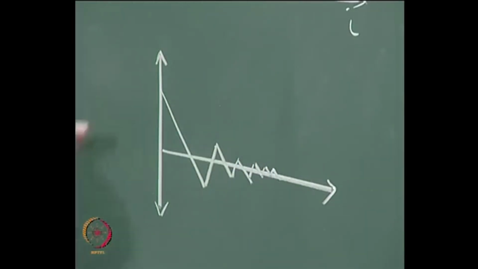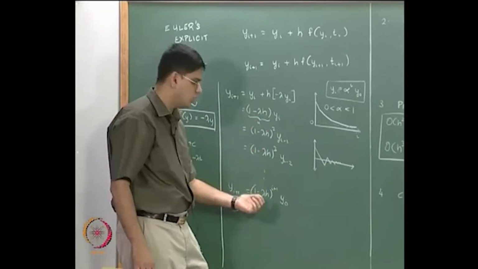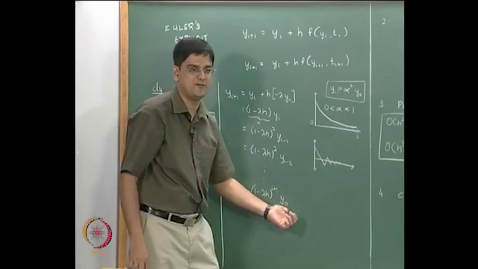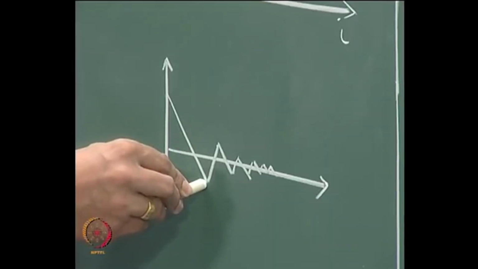let us say alpha was equal to minus half. What we will get is y1 equal to minus half multiplied by y0. So y0 starts at 1, this becomes minus 0.5.